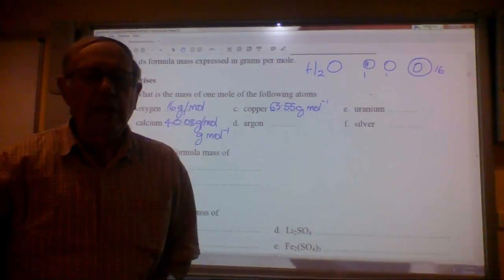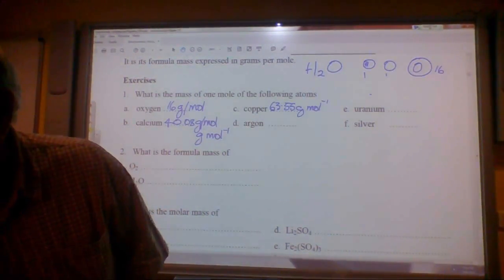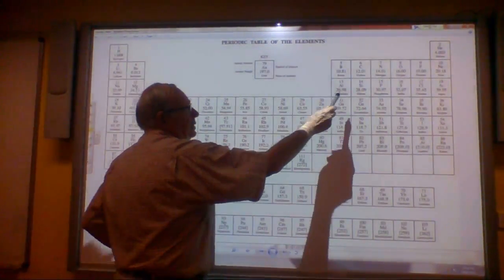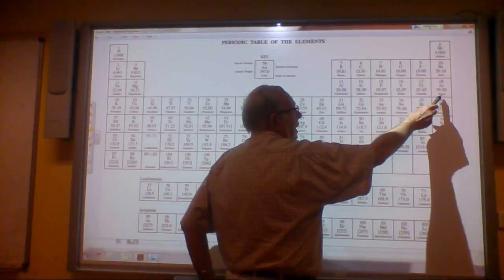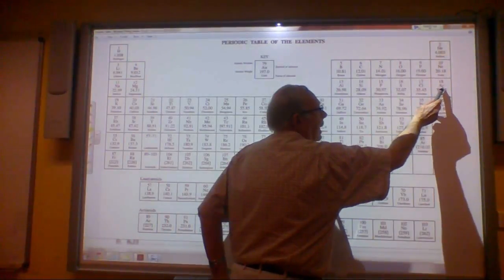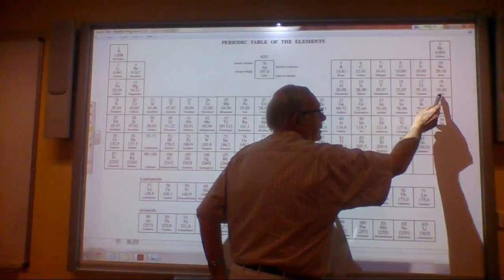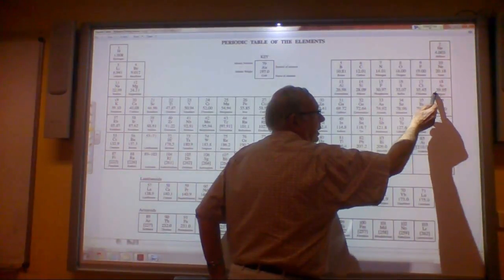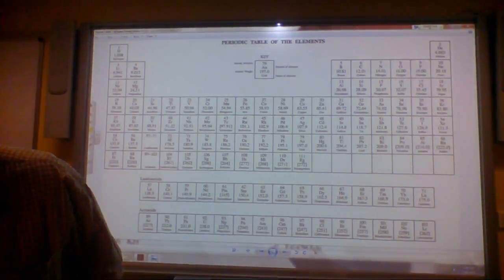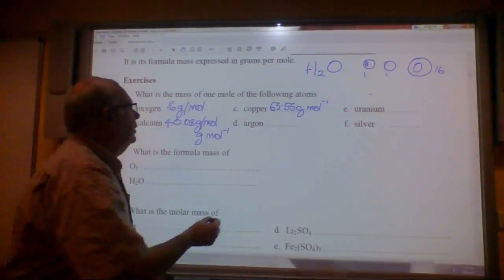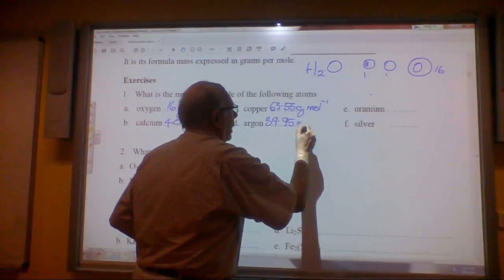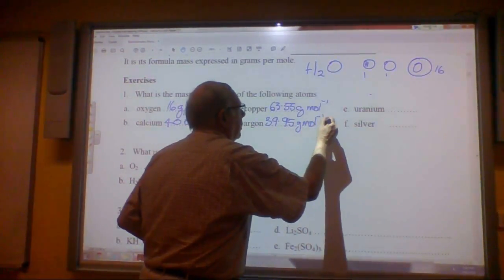Argon, that has a symbol Ar, so we have a look at that one as well. Now argon is located over here in the periodic table. You can see its symbol here, Ar, and its mass, in atomic mass units, is 39.95. So we go back, 39.95 grams mole to the -1.